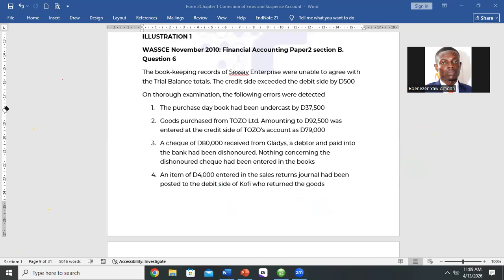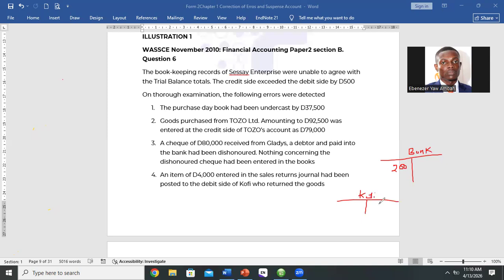When you receive the check, you open bank and debit it. Let's say, for example, 200, because money is coming, so you debit bank, and then you credit the customer, right? Let's say Kofi. This is the first entry you make when you receive the check.